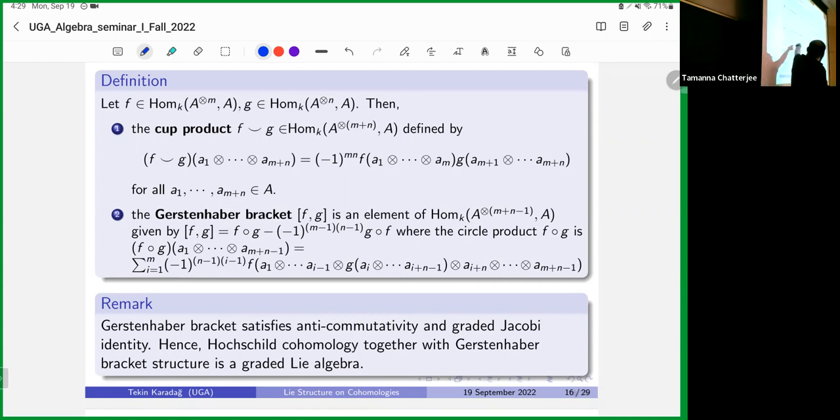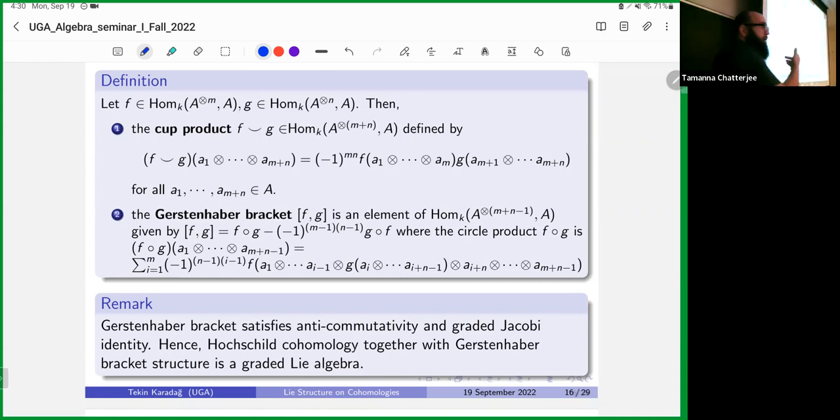We also define the bracket structure this way. It is very similar to the derivation bracket in the previous slide, but here it is more complicated since we are defining the bracket for several variables.